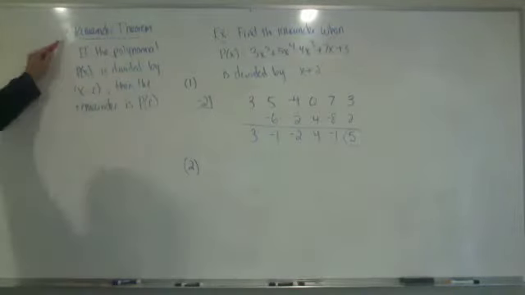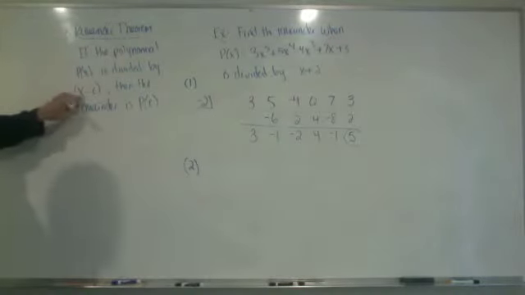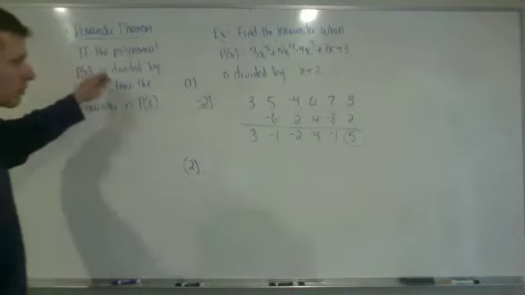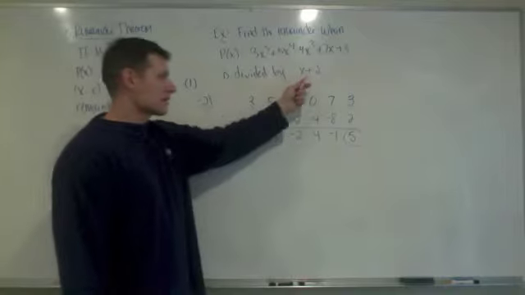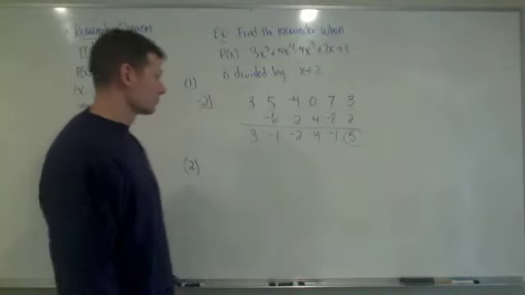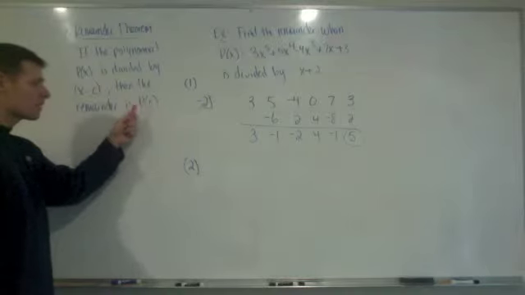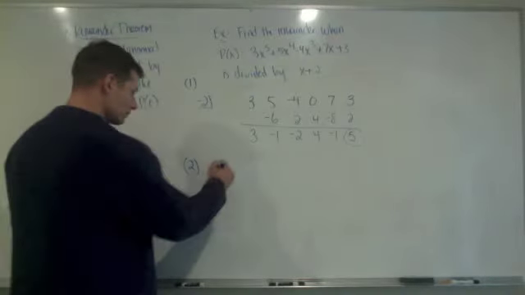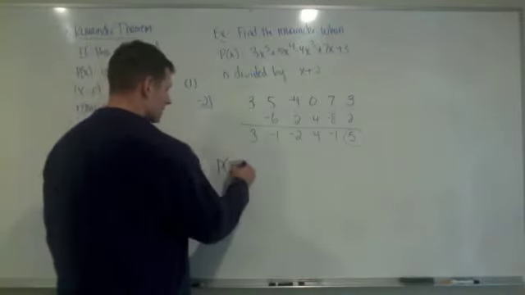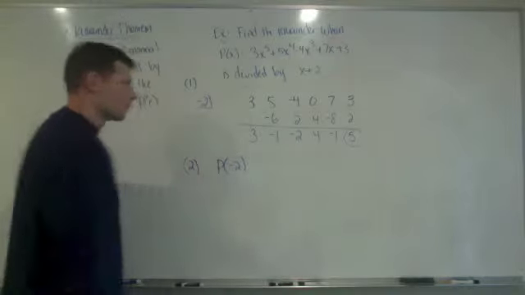According to this theorem, if I have a factor of x minus c, and I want to just look at the remainder, this again is x minus negative 2. Well, I can find the remainder just by plugging in that value c into my polynomial. That is, what is p of negative 2?